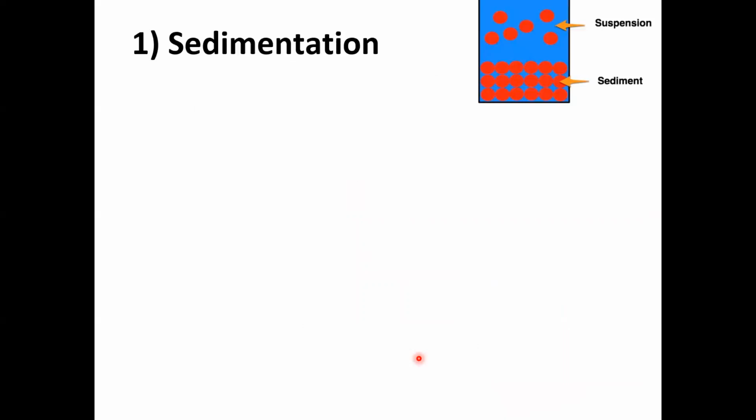What is sedimentation? As we mentioned earlier, guys, if we look at this picture, sedimentation basically is the movement of highly dense molecules, let's say denser than water, to the bottom of the tube. They sediment to the bottom of the tube.